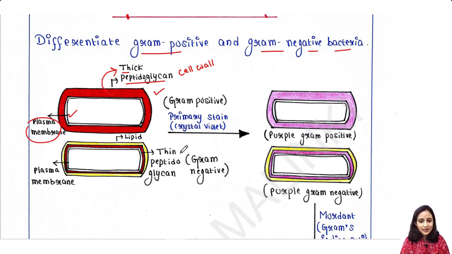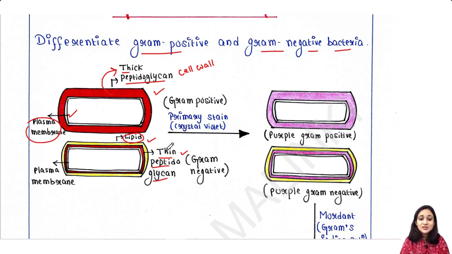In case of gram negative, you can see that the peptidoglycan layer is very thin. So this red part is the peptidoglycan layer, that is very thin, unlike gram positive bacteria. And one more thing, it has an extra lipid layer present outside the cell wall.